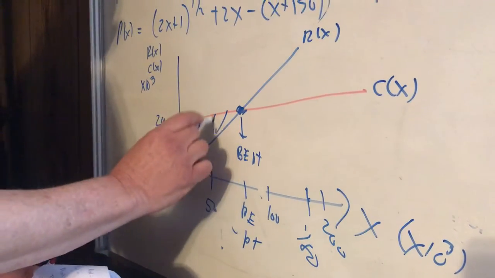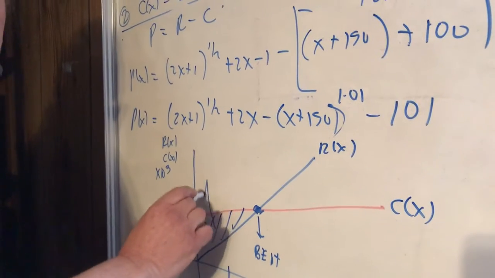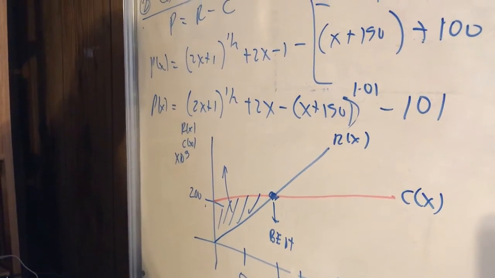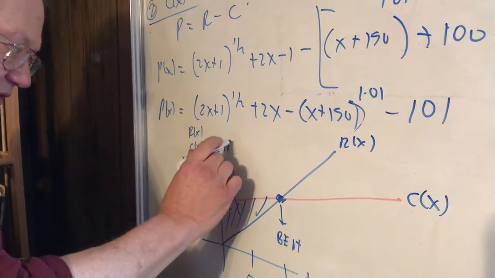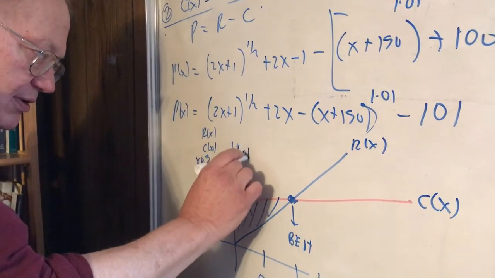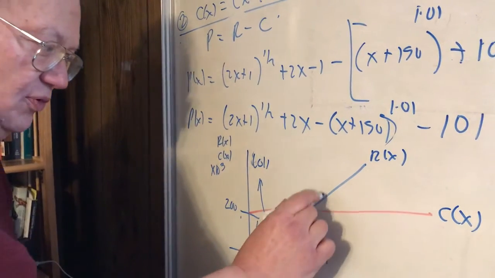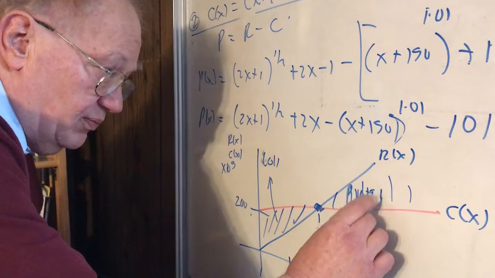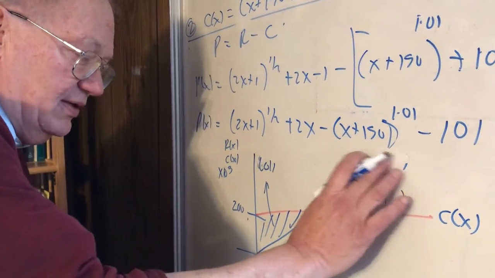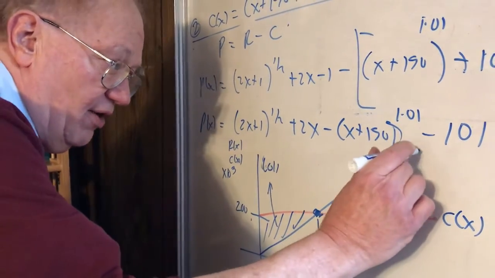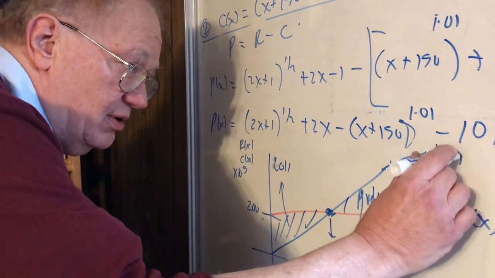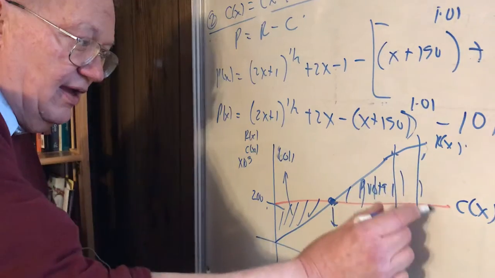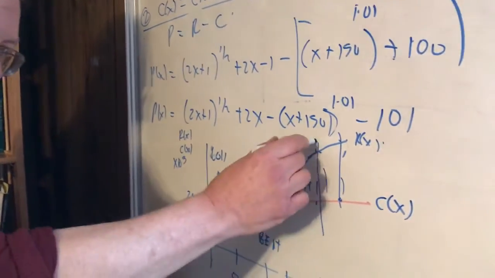But notice over here, this is where you have no profit. You have a loss. After the break-even point, you start making a profit. Your profit is R of x. Your profit's going to be greater here than here because this distance is greater.